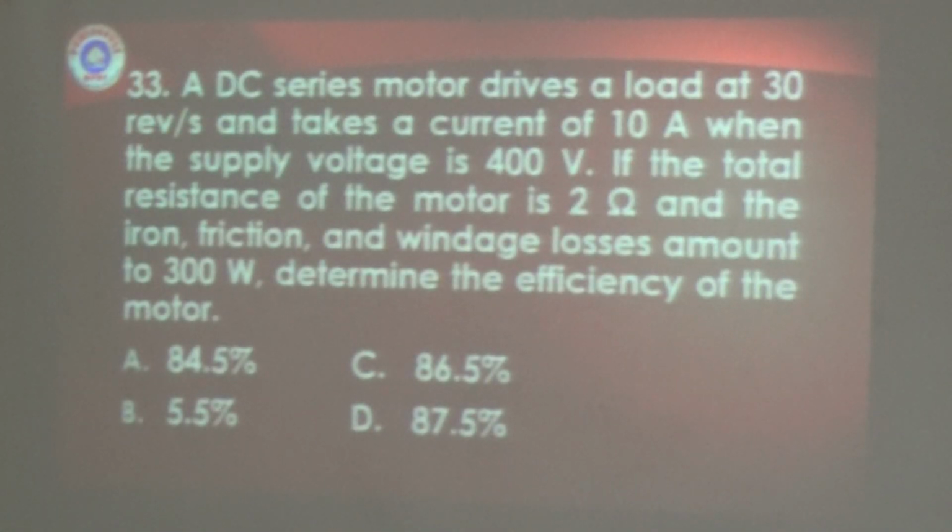For 33, a DC motor drives a load at 30 revolutions per second and takes a current of 10 amperes. When the supply voltage is 400 volts, if the total resistance of the motor is 2 ohms and the iron friction and windage losses amount to 300 watts, determine the efficiency of the motor.